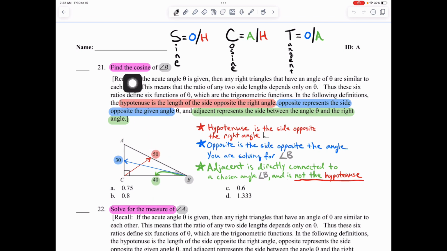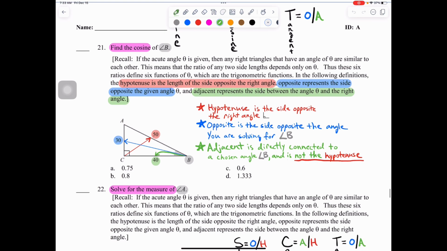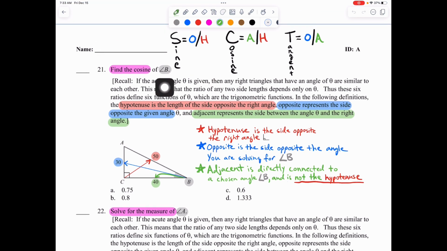Now it's asking us for the cosine. So we're not looking for opposite over hypotenuse. We're looking for cosine, which is adjacent over hypotenuse. We are just doing a real quick fraction to introduce it. Our adjacent side of angle B is 40, and you will put that over the hypotenuse, which is 50.